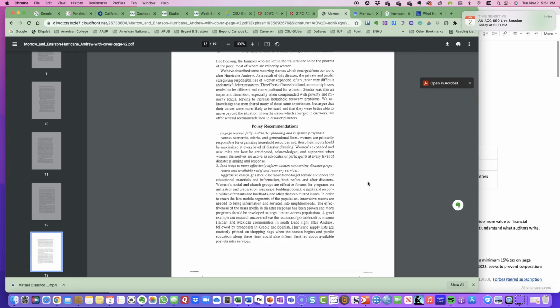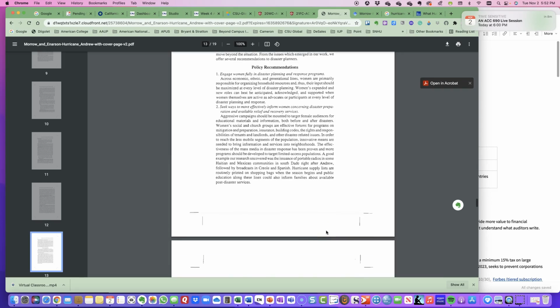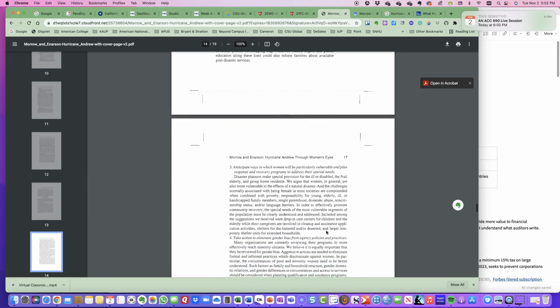So if you have these aggressive campaigns targeting the female audience, providing educational information before and after the disasters, hopefully you don't have this type of fraud, and hopefully you can get back together. And here they said that South Dade communities, right after Hurricane Andrew, followed broadcasts that were both in Creole and in Spanish. And so that was an improvement that happened after the hurricane.